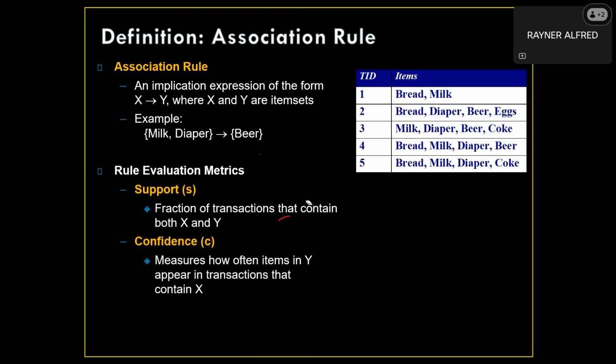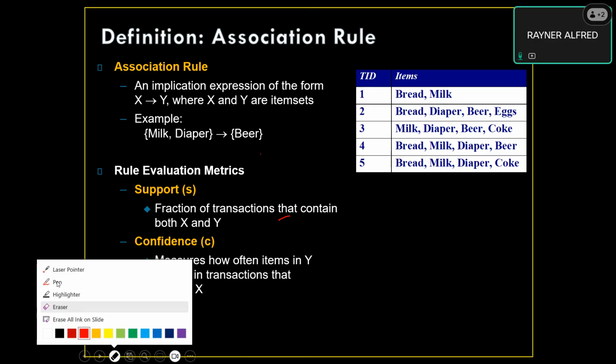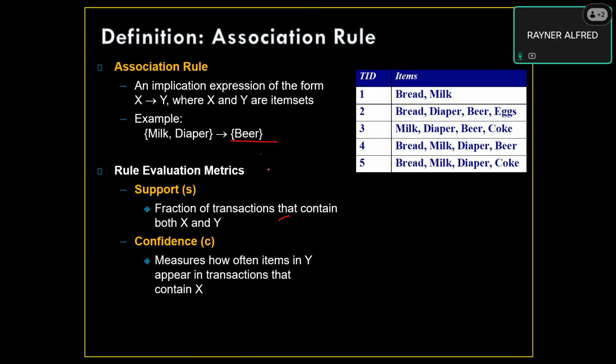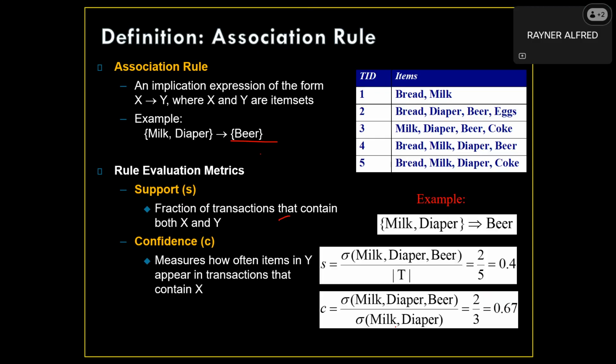And the confidence is basically measuring how often items in Y appear in transactions that contain X. So in this example, your confidence is 2 over 3.